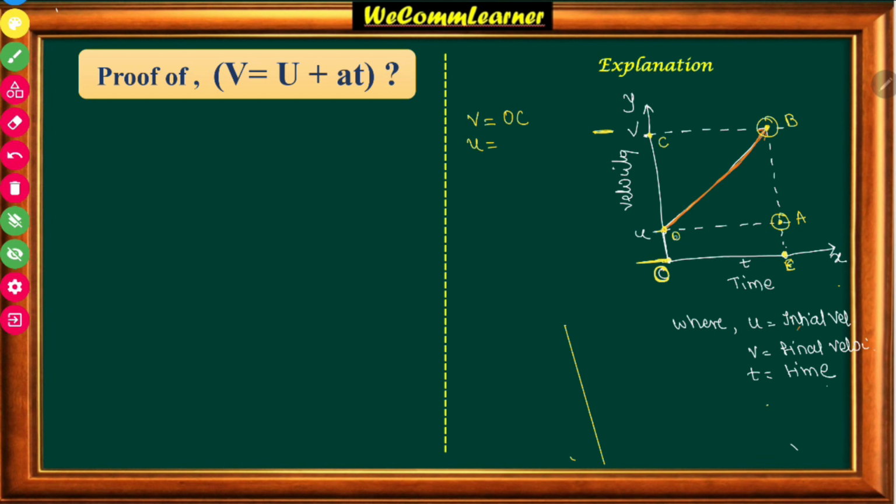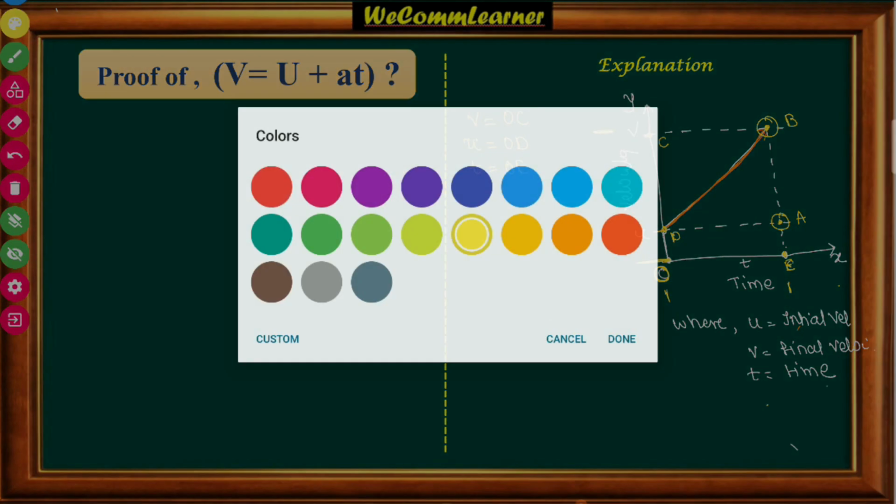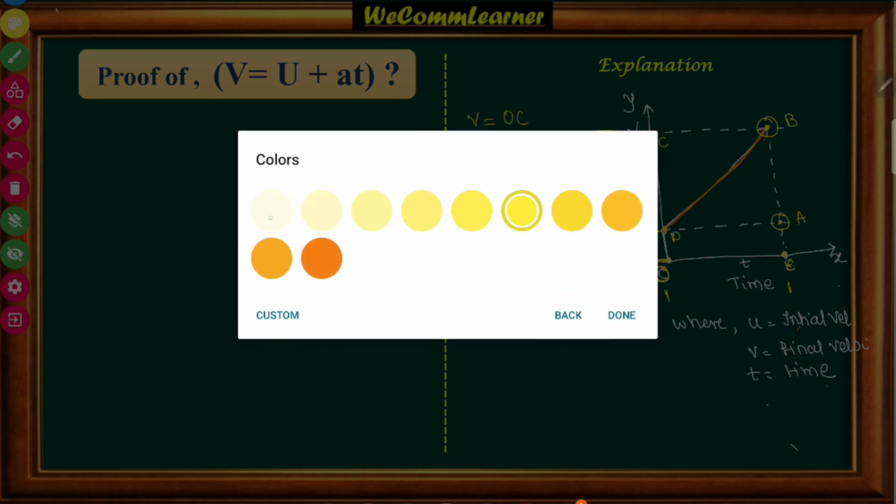That is O to D, that is OD. What is my time, T? That is O to E, that is OE. All right. Now come back to our concept that we have seen in the form of acceleration.